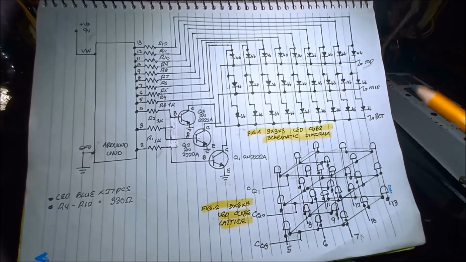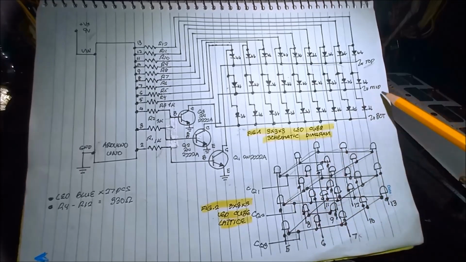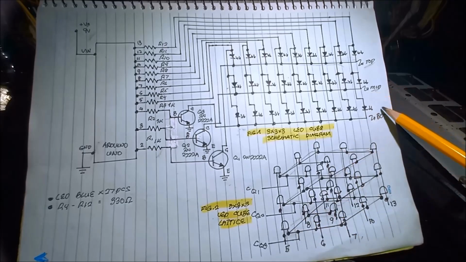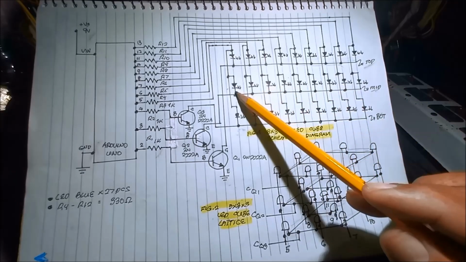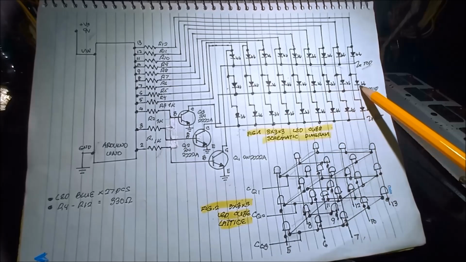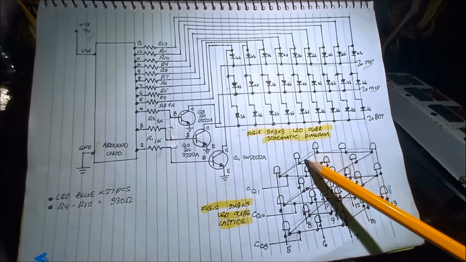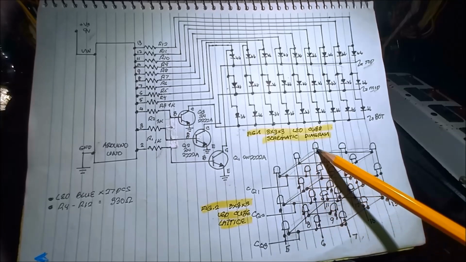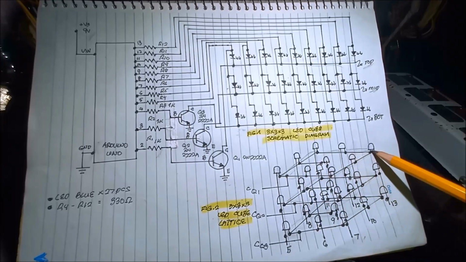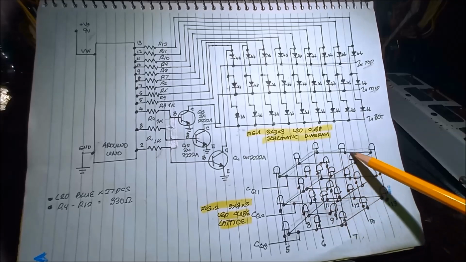That's why it is the top. The second square, the middle, and then the third, the bottom. So you can see all the cathodes are connected to each other. You can see here all the cathodes are connected together, forming this square type or cube.